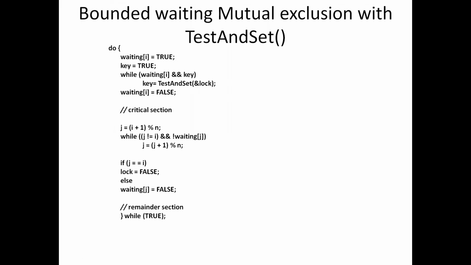The process informs the operating system that it is not interested to enter into the critical section, which gives a chance for another process to enter. This way it supports the bounded waiting property. This algorithm satisfies the bounded waiting requirement of the solution to the critical section problem.